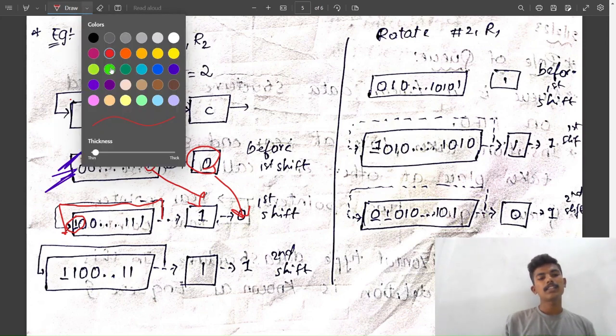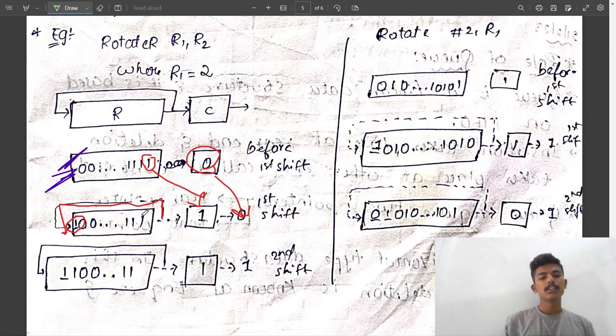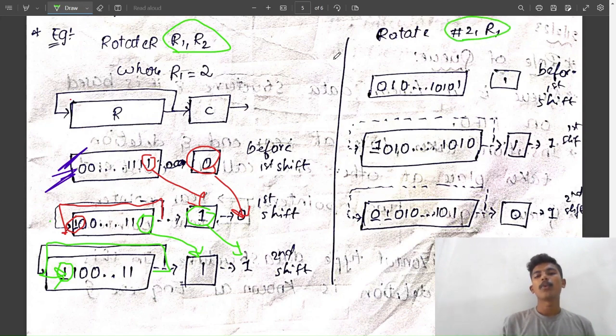In the second shift, the rightmost bit, that is this one, will be sent to the carry, and the previous one will be eliminated. Now this vacancy created is filled by this one. So in place of R1, R2, we can also take #2, R1. Both are the same.